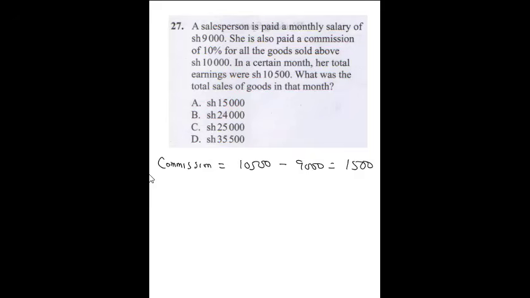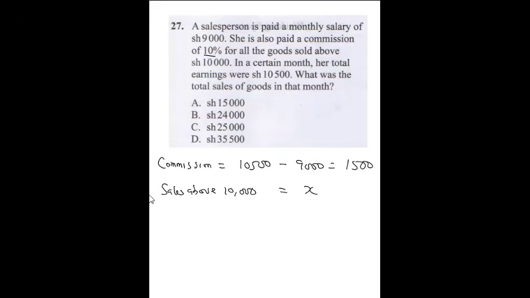Now, having gotten this, you need to now establish the amount extra that she earned, because recall that the question says she gets 10% on sales above 10,000. So sales above 10,000 to earn commission of 1,500. Let's call it X.